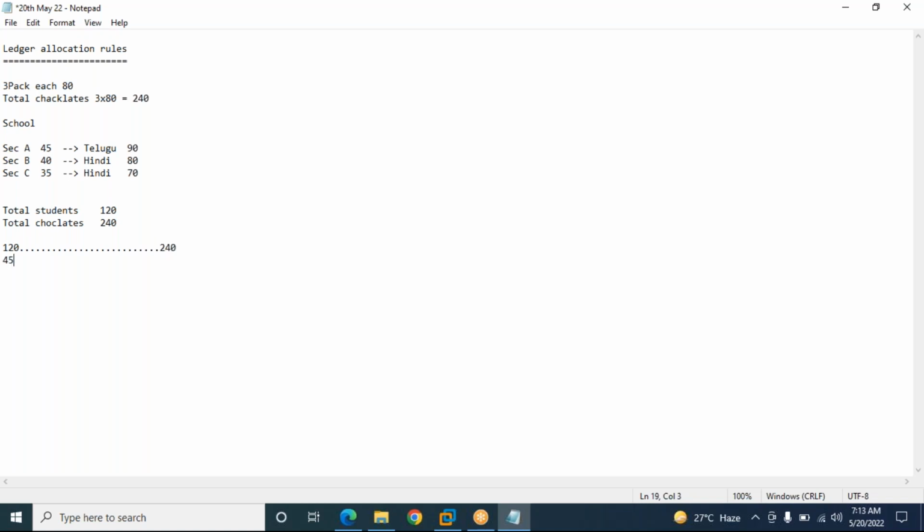If it is 45 students, how many chocolates do I need to distribute? Question mark above, question mark opposite, multiplication divided by opposite. That is, whenever you are learning in 8th, 9th standard, you will learn 45 multiplied by 240 divided by 120. It is 90. Okay, in the same manner, you can do for the remaining sections.